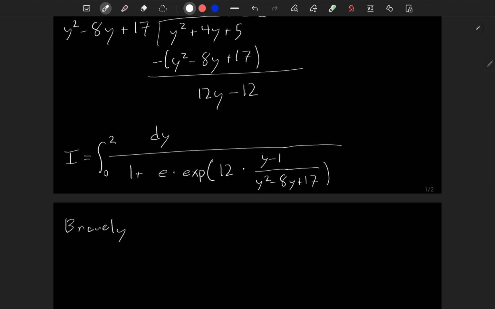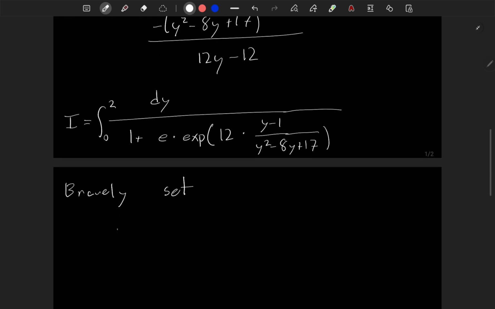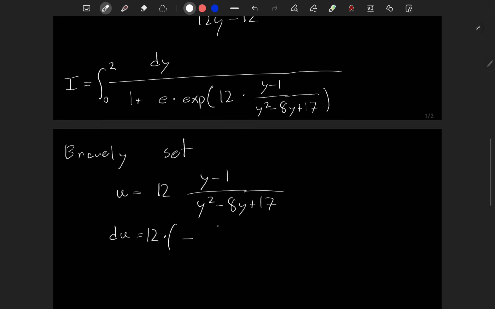Now let's briefly set, I'm just going to reuse the same symbol u for substitution. This is an awful looking substitution.